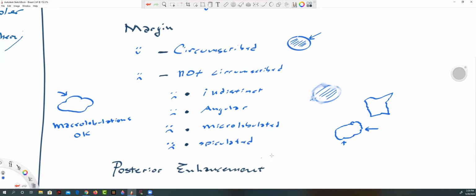This is really bad. Let's draw my irregular, angular mass, and then I'm also going to draw little extensions.